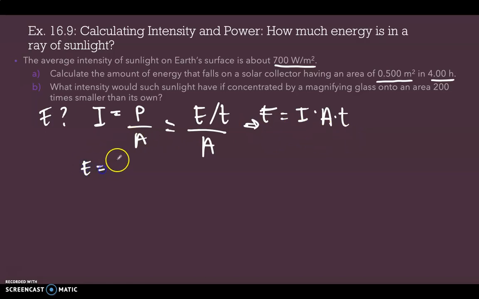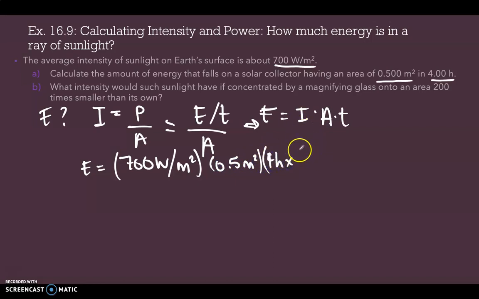So my energy then, if I plug in all of my numbers, we have 0.5 meters squared, 4 hours. We're going to have to convert that to seconds. There's 3,600 seconds in an hour. So go ahead and use your calculator: 700 times 0.5 times 4 times 3,600.